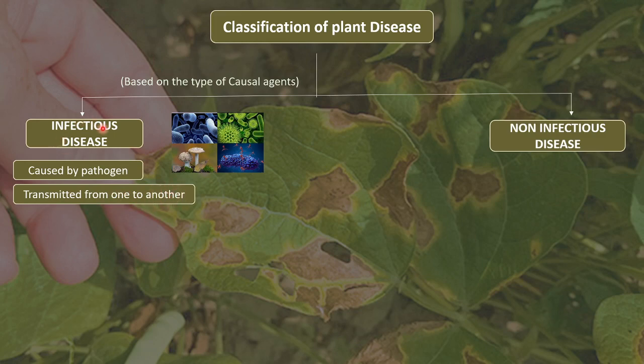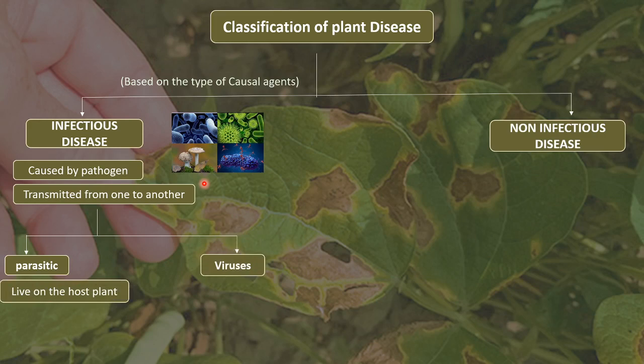So this is an infectious disease, that is, the disease is going to spread. Now this infectious disease can again be classified into parasitic infectious disease and virus borne infectious disease.